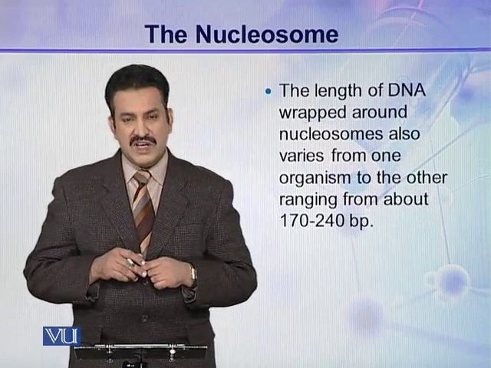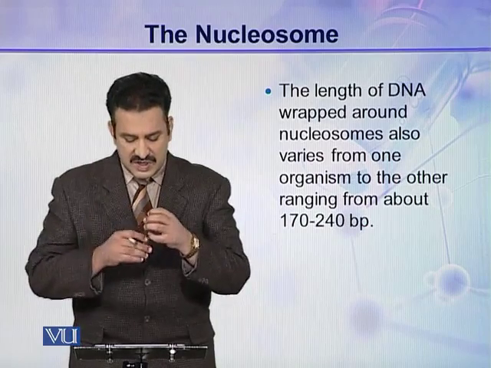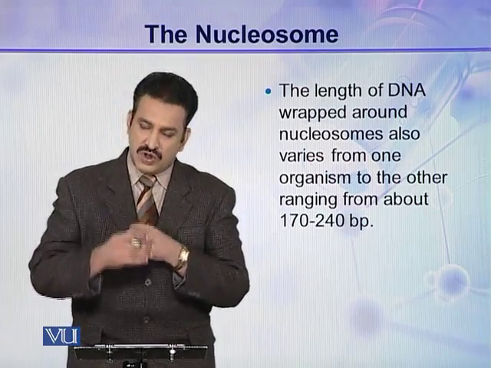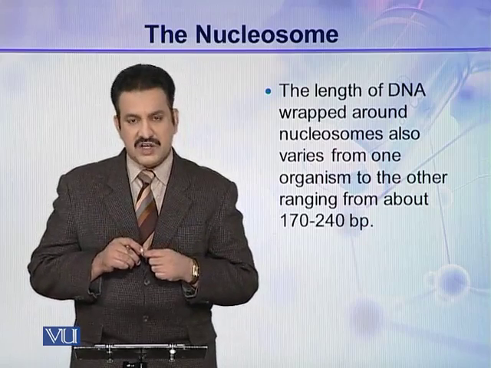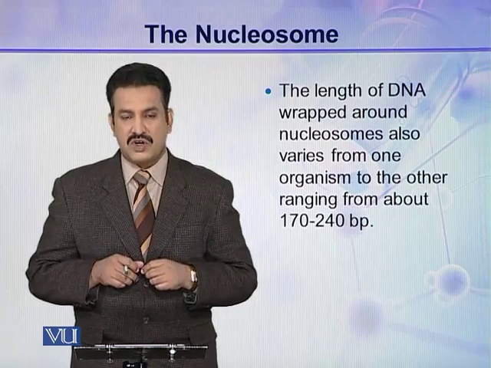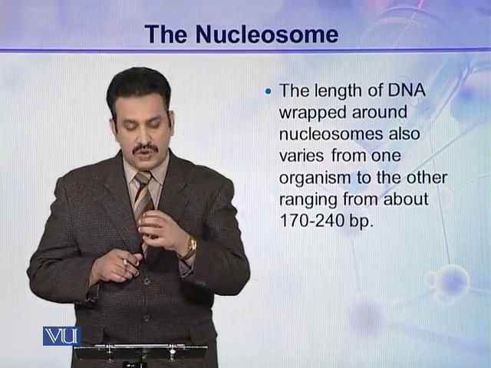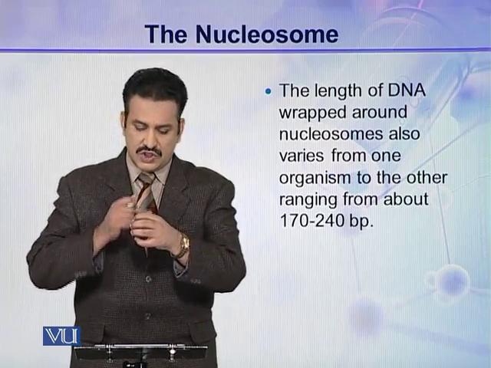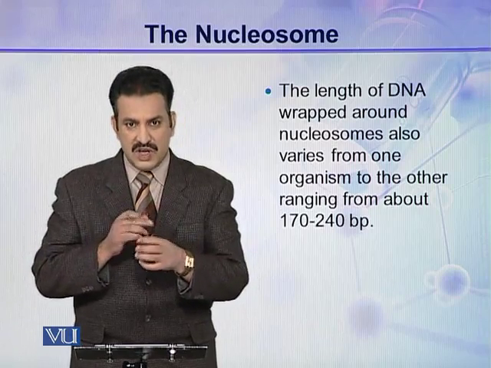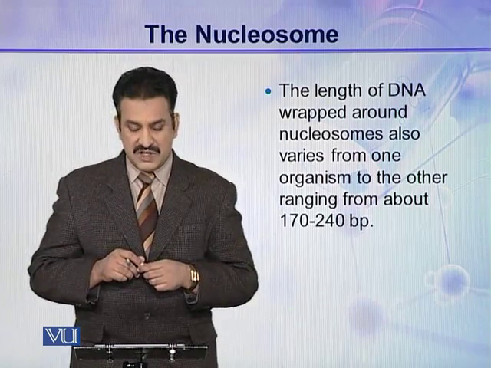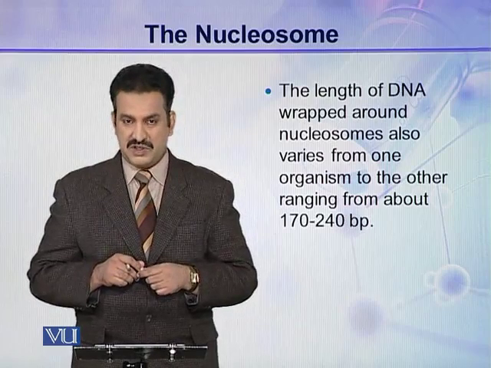The length of DNA that is wrapped around histones in a nucleosome also varies from one organism to the other. The length of the whole DNA that is wrapped around 8 molecules of histone varies from about 170 to 240 base pairs.